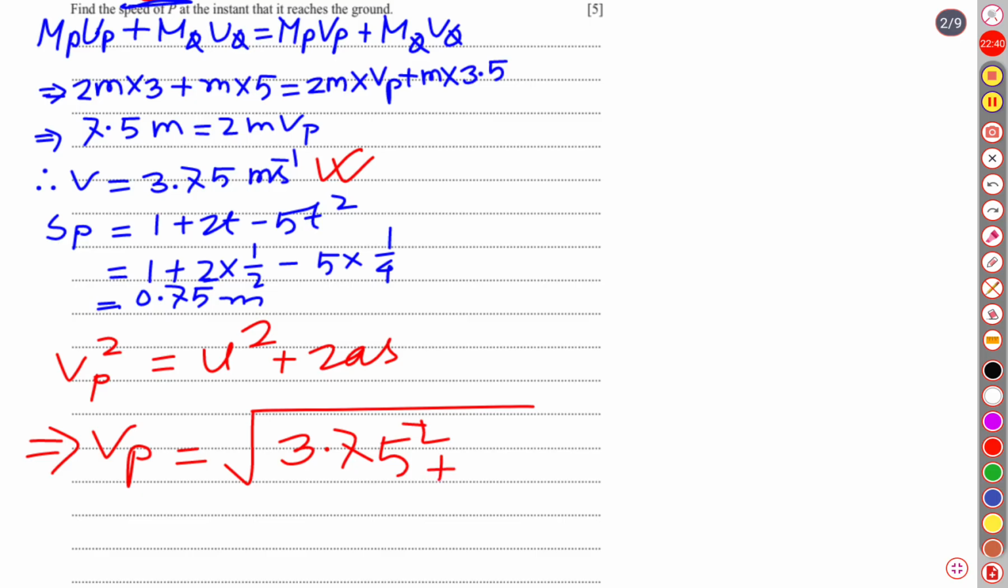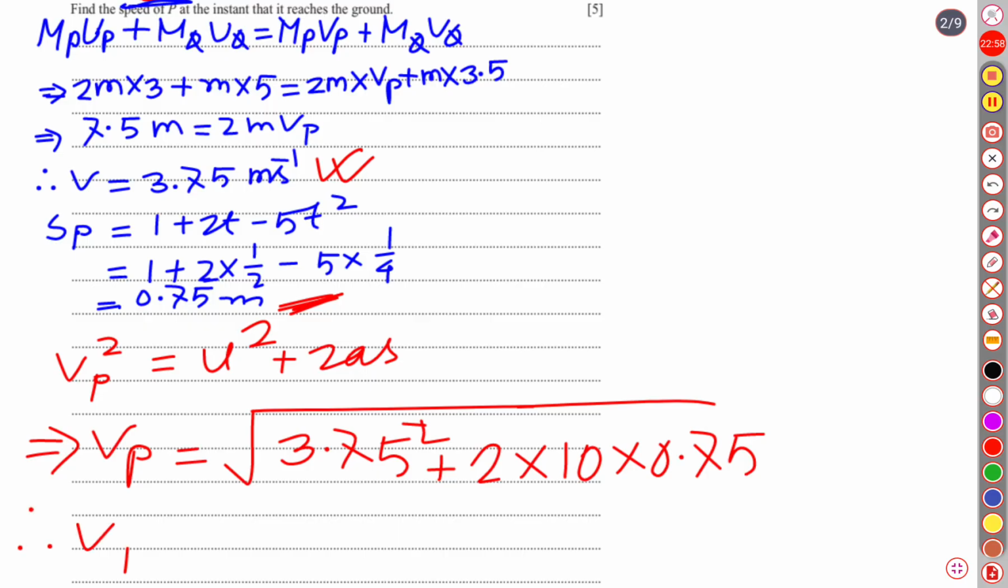Plus 2, acceleration due to gravity was 10, and the displacement has already been obtained. We have got the displacement as 0.75 meter. Hence our velocity of particle P when it reaches the ground is going to be the square root of 3.75 square plus 2 times 10 times 0.75.